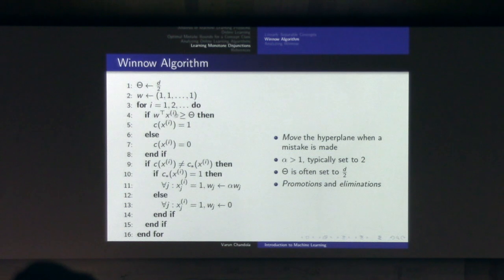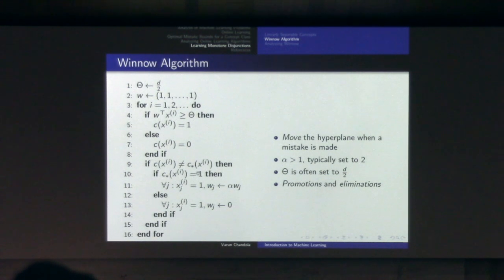It computes W transpose x_i, where it's the ith example. So these both are vectors, and then you compute the inner product, then it checks if it is greater than theta or not, right? Because that is its prediction rule. So if it is greater than theta, then it calls it a positive example or 1, otherwise it calls it negative or 0, right? So this is the prediction part.